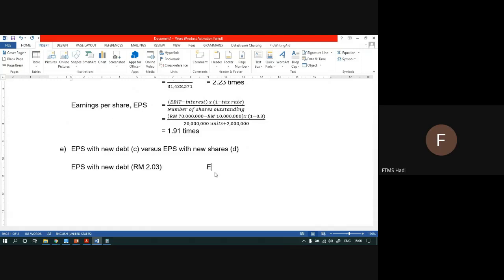And then EPS with new shares, this one, option 2, earnings per share in RM. Therefore, this is more than this one. That means 2.03 is more than 1.91.